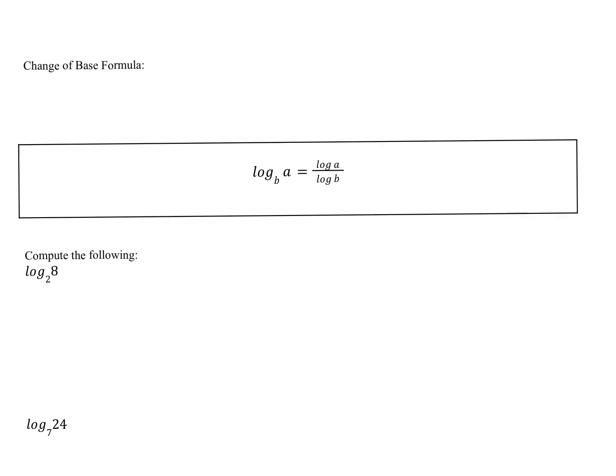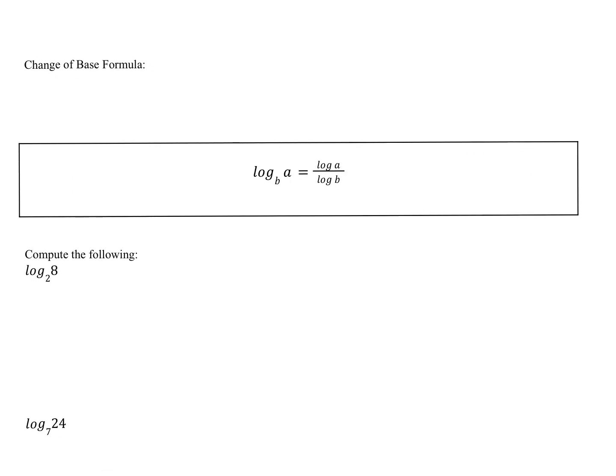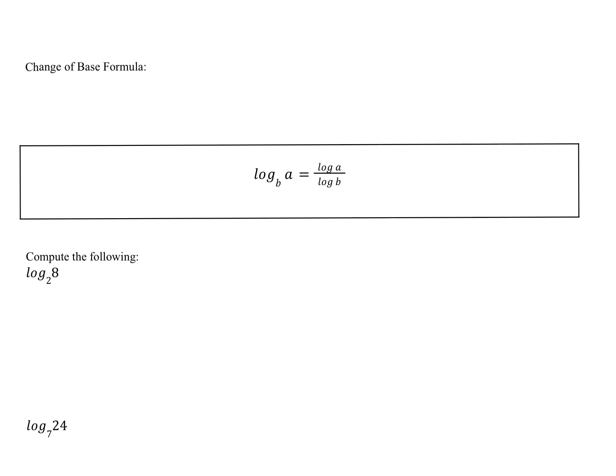Now that we've talked about how to convert from exponential to logarithmic form, we want to talk about how to evaluate a logarithm that has a given base. In general, logarithms are actually base 10.